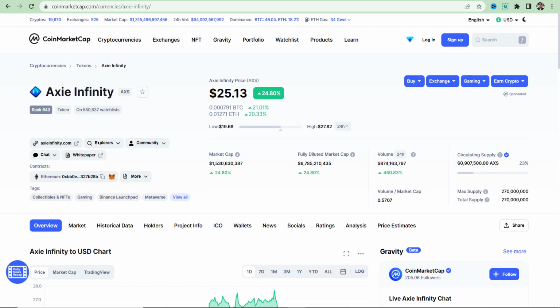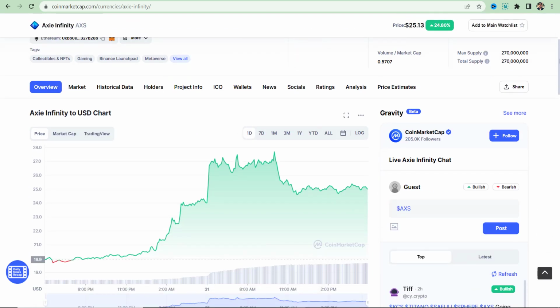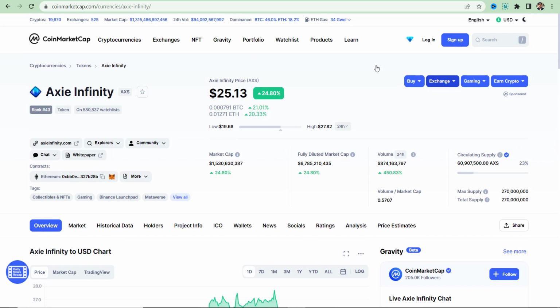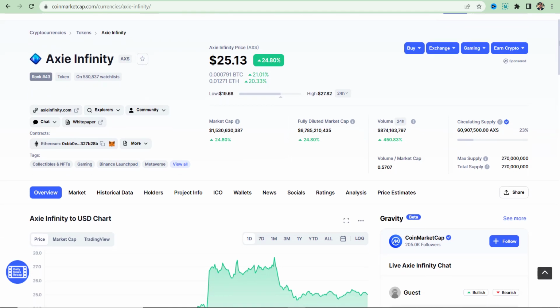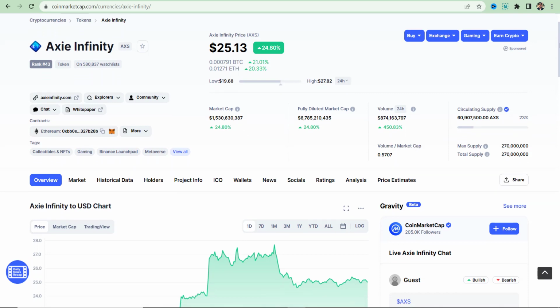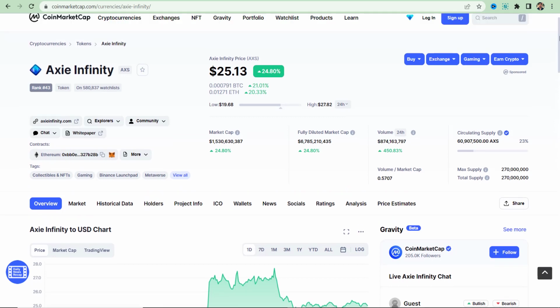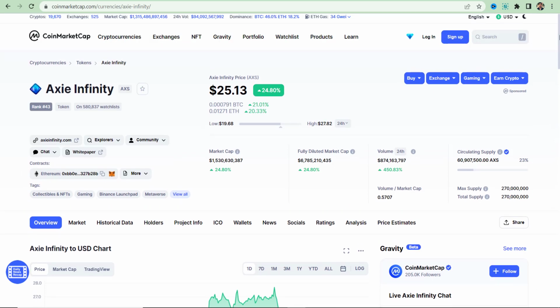So the coin today that we are going to analyze is Axie Infinity. I should have analyzed this coin earlier because I am holding almost 6 or 7% of my portfolio in Axie Infinity. Some people say it's a flop project, but it still has good gas in it because of the gaming industry, which is a bigger industry than the film industry.